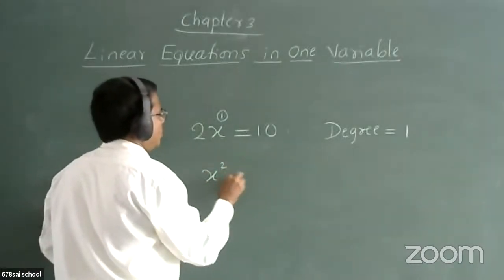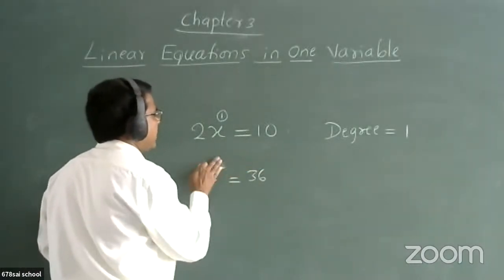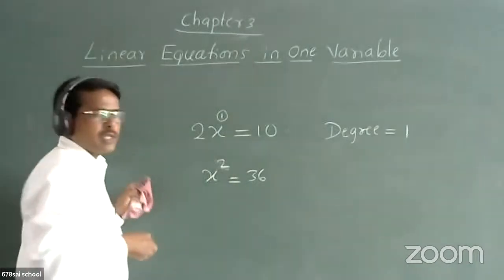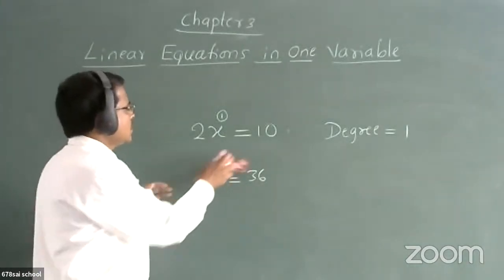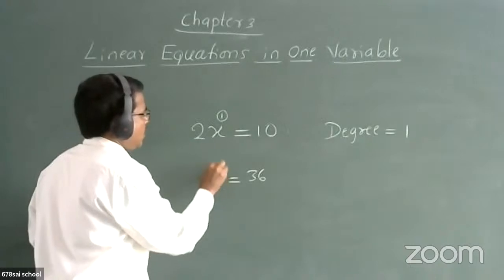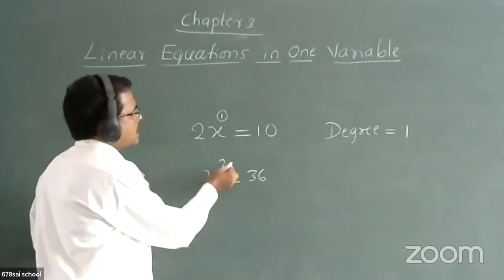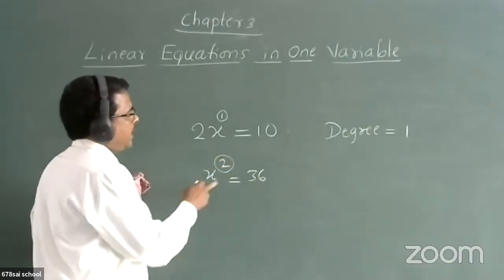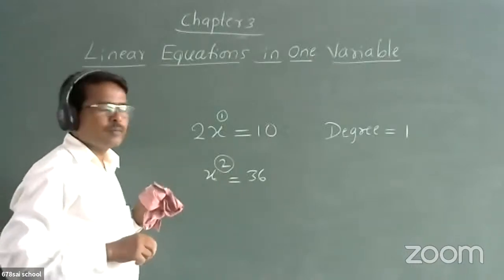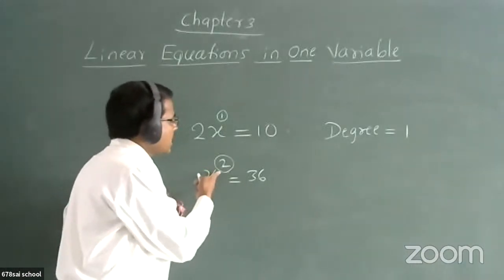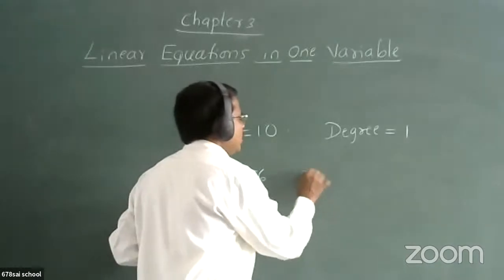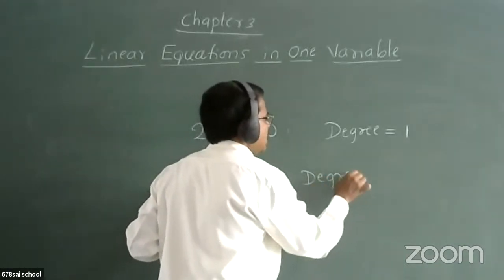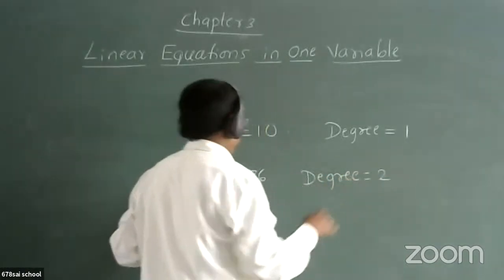You can write this way also: x square equal to 36. This is also an equation. Now what is the exponent? Exponent is 2. If exponent is 2, its degree is 2.